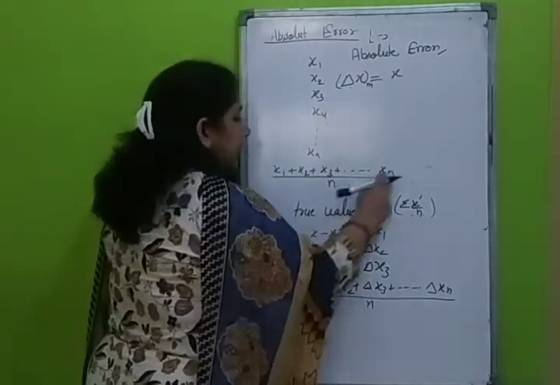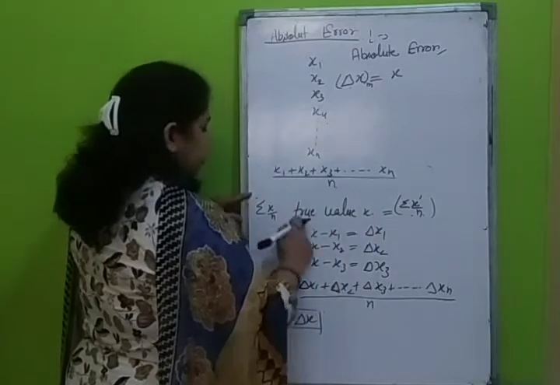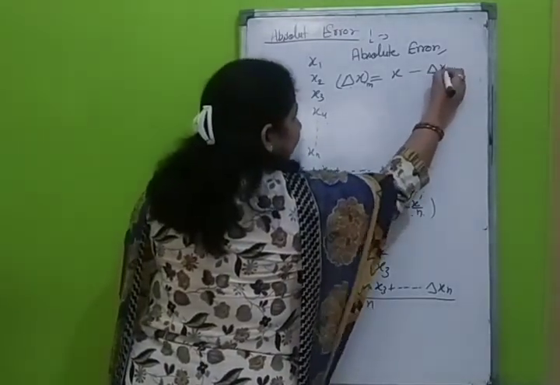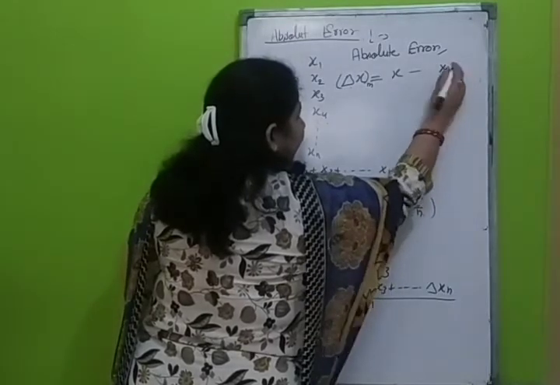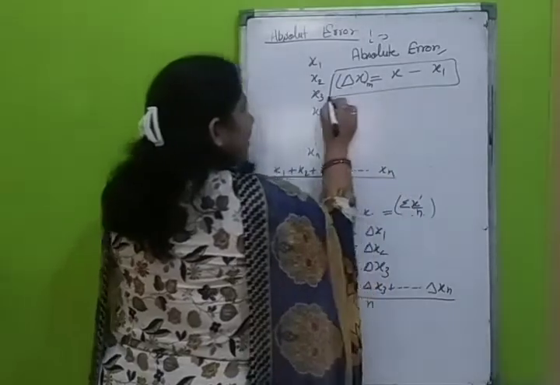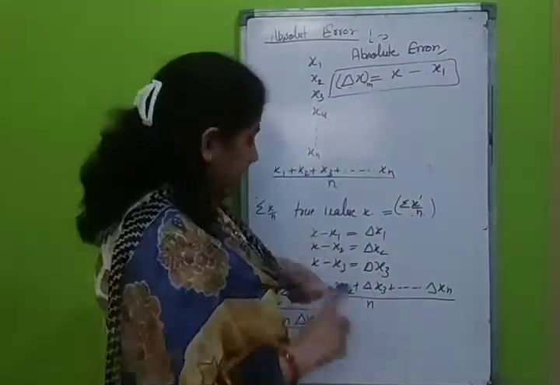This is very near to the true value. That's why we will take it as the mean value, true value x minus delta x1. This is called the formula for absolute error.